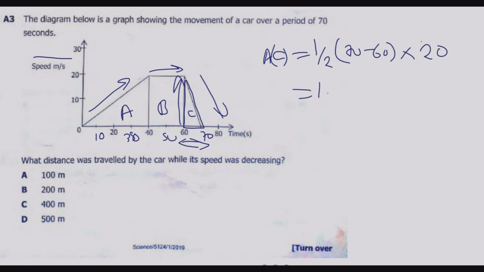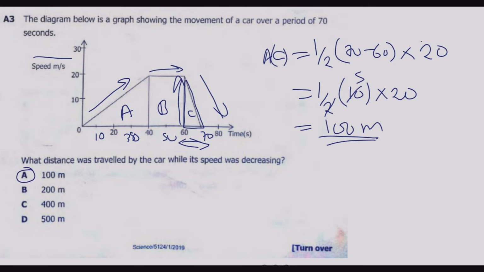So we end up with half multiplied by 10, multiplied by 20. 2 into 2 is 1, 2 into 10 is 5. 5 times 20 is 100 meters, since speed is in meters per second. So A is the best answer.